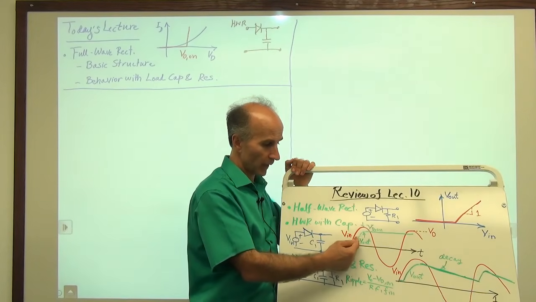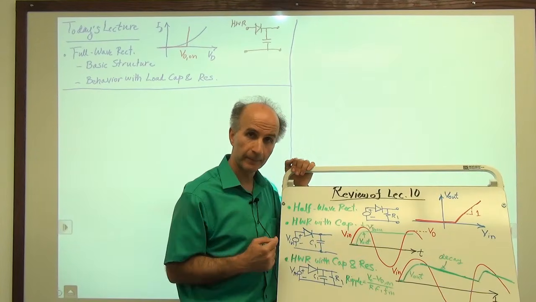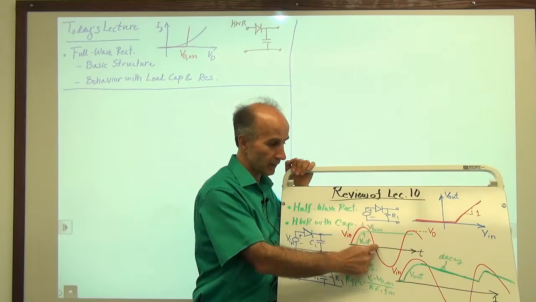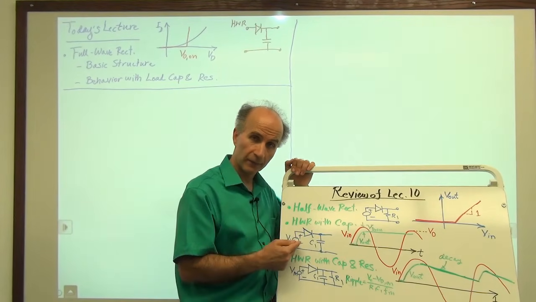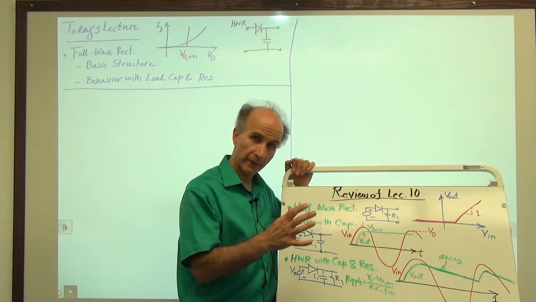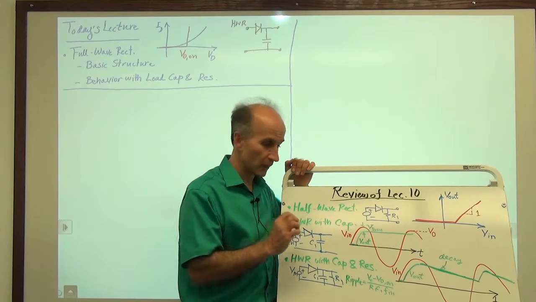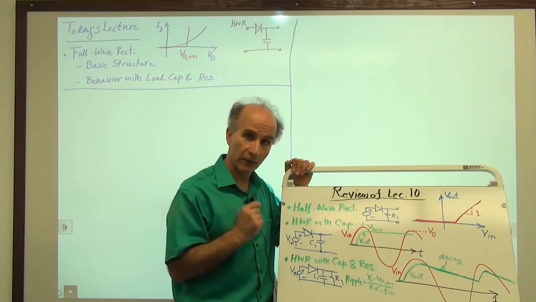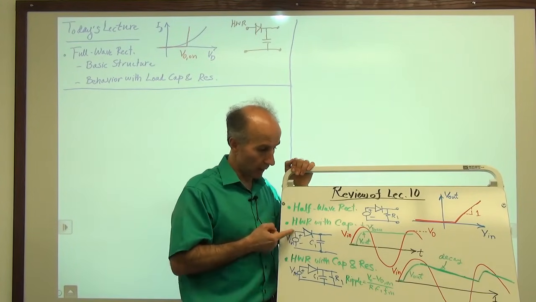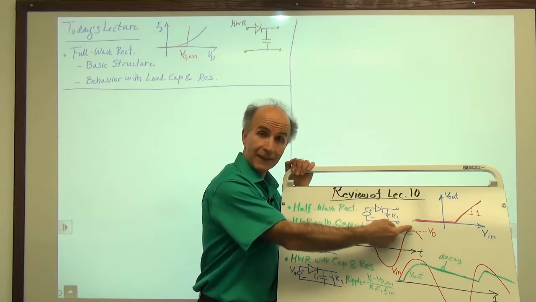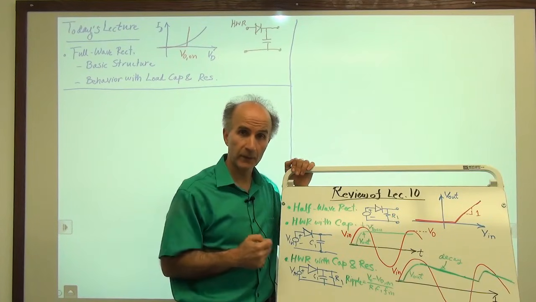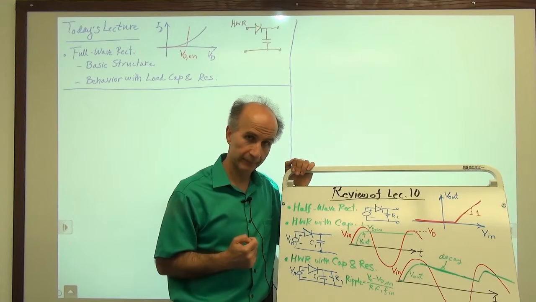The output tracks the input up to this peak. But then, if the input starts falling past this point, the diode turns off, and the charge on the capacitor remains constant. So the output remains constant indefinitely at a value given by the peak value of the input, which we call V0, minus 1 diode drop. So that is the output voltage that we get.